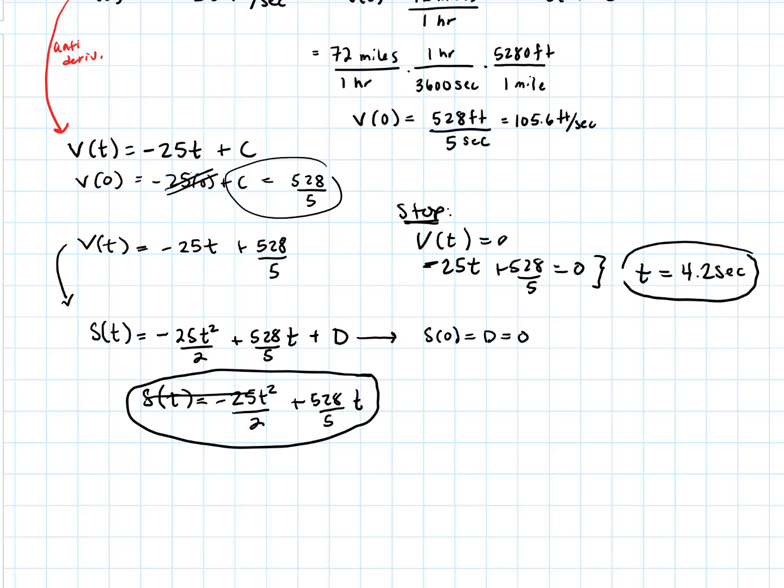And so how far do we travel? Well, when we plug 4.2 into our position function, s of 4.2, we end up with approximately 223 feet. And that's how far it takes to stop.